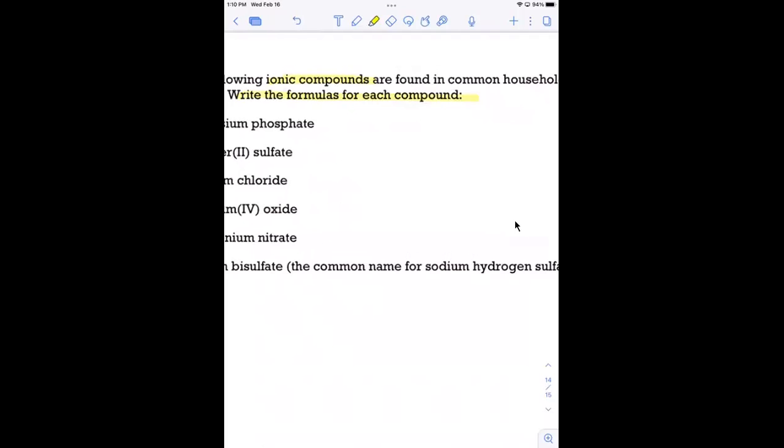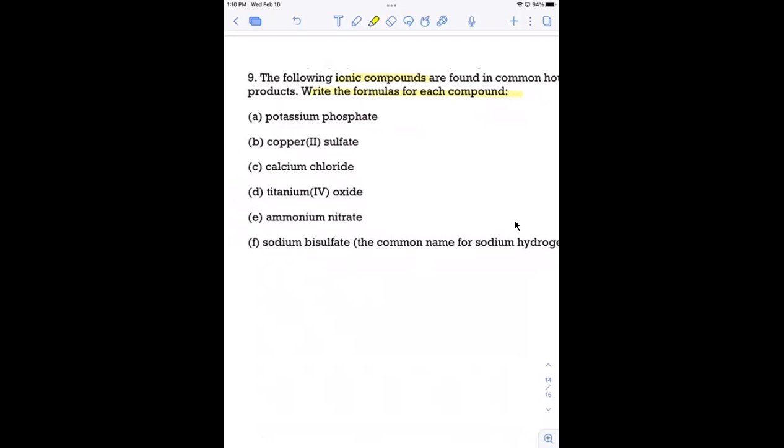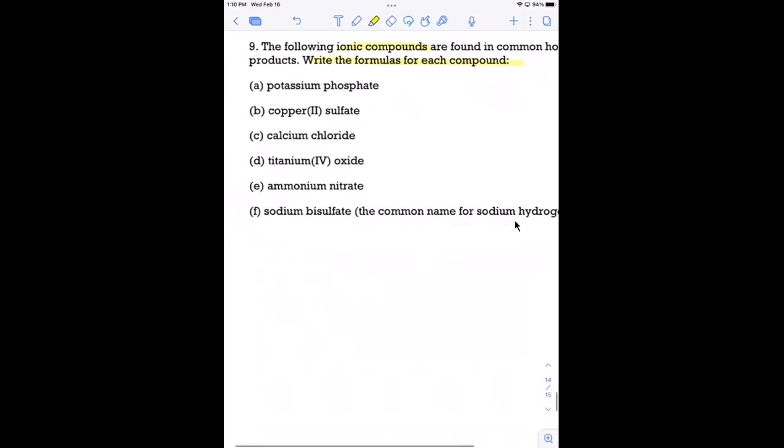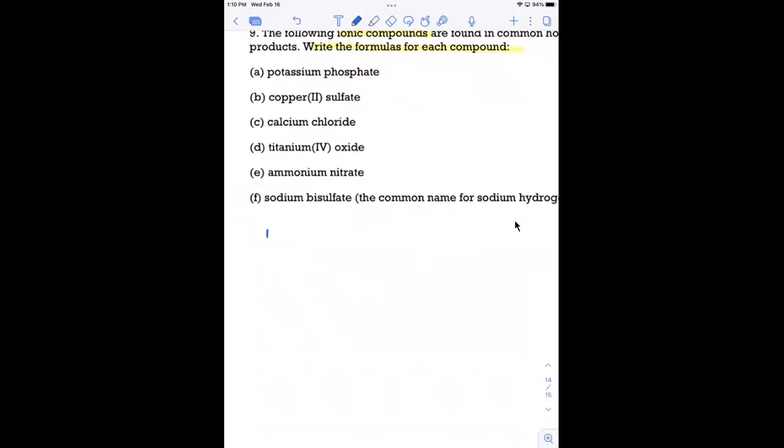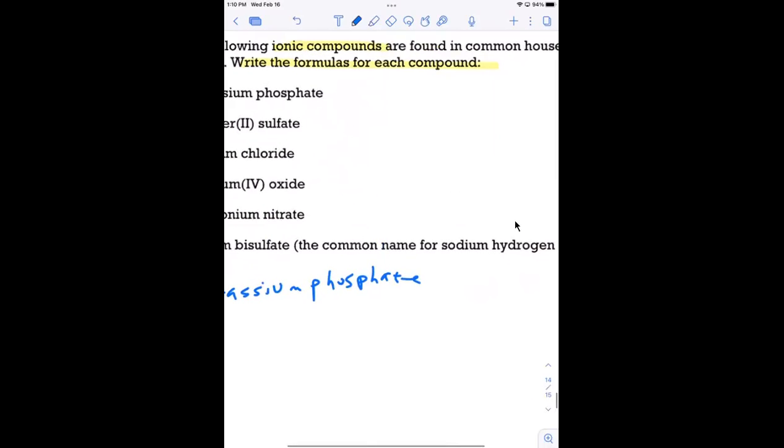So with that, let's look at the first example, and it's asking us to write the formula for potassium phosphate. So you're going to need a couple of things. You're going to need the atomic symbols. You're going to need the charges.